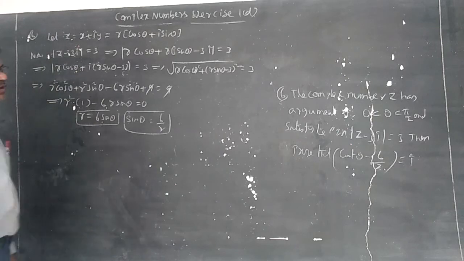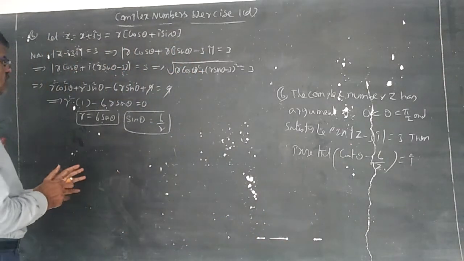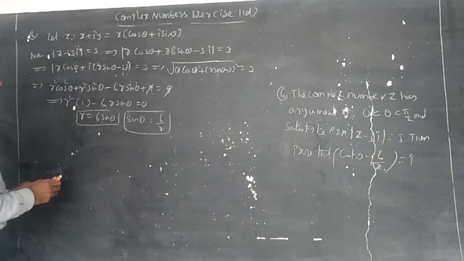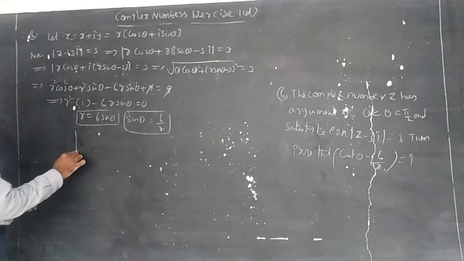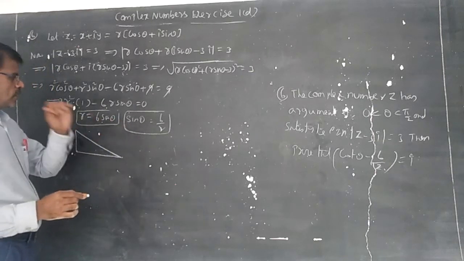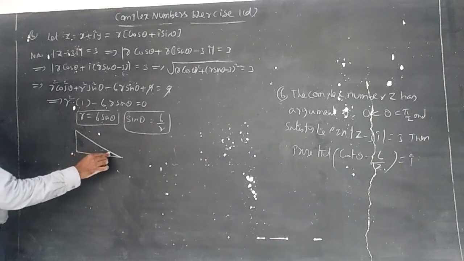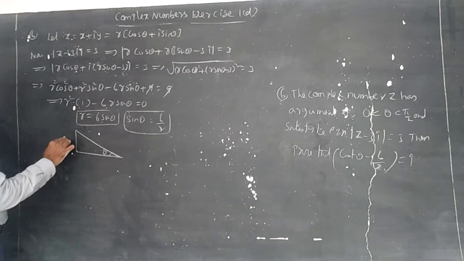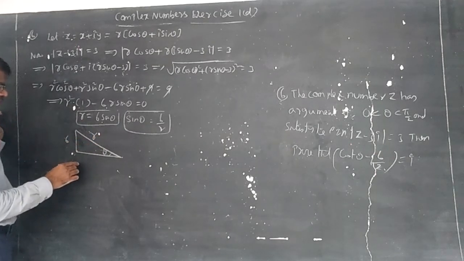Sin theta is equal to 6 by r. Now we should prove that cot theta minus 6 by z is equal to i. So cot theta becomes, according to this, put here theta. Sin theta means opposite by hypotenuse, 6 by r.